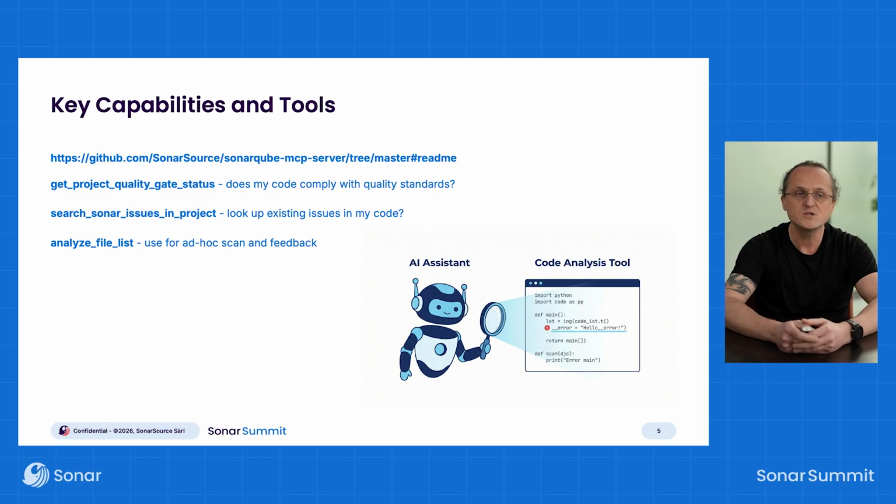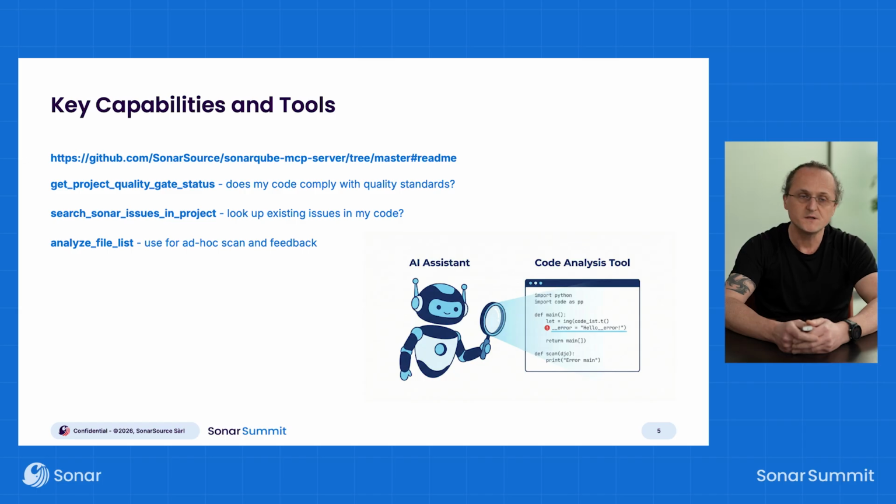They have maybe made some changes, and they want to understand whether those changes they submitted generated any issues in SonarQube, or it's the start of their working day and they want to refactor some code and pull in some issues that they need to work on. They will ask the coding agent, what are the issues within my project, and then they can prioritize the work accordingly, focus on subsets or all of them, and that is where the tool becomes useful.